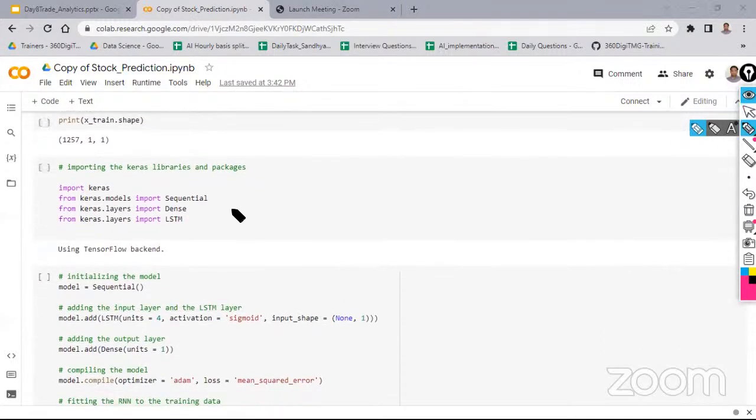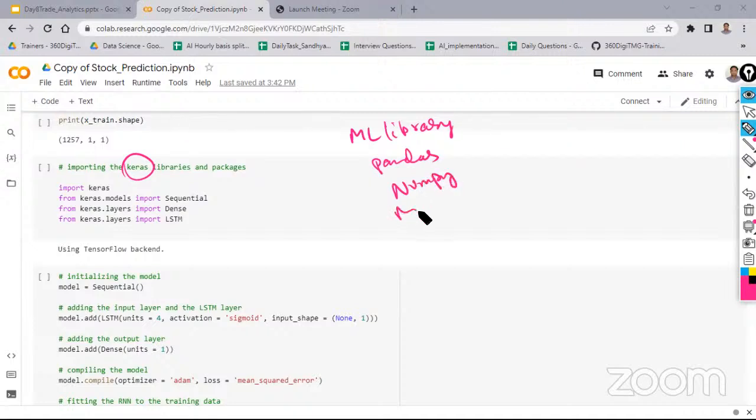Now we'll use some of the packages which are very much required for neural networks, which is Keras. For machine learning libraries, we have pandas, numpy, matplotlib, matplotlib.pyplot, seaborn, sklearn.